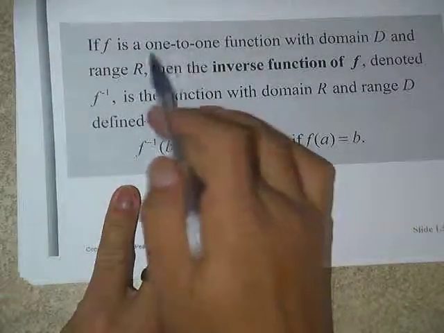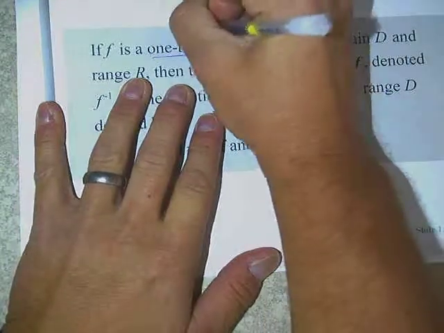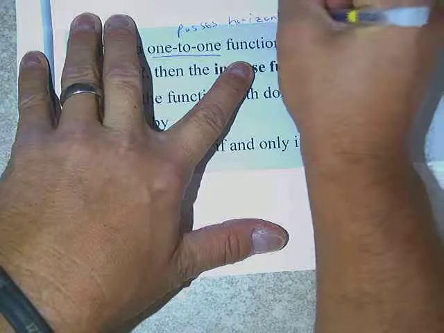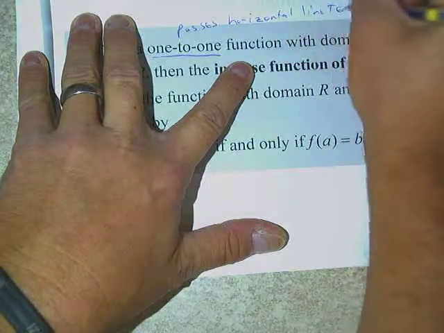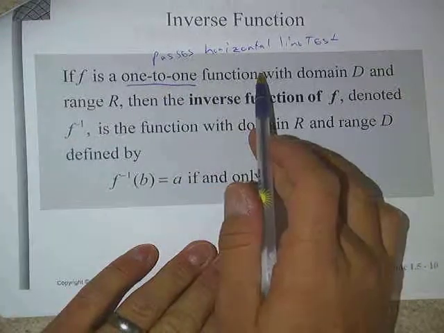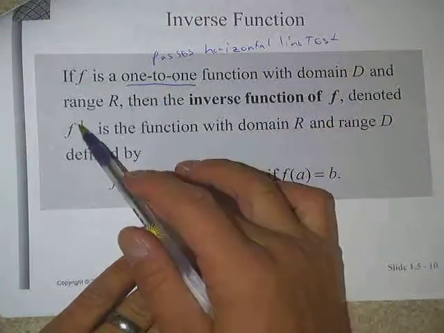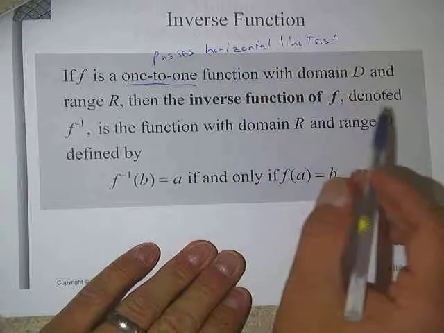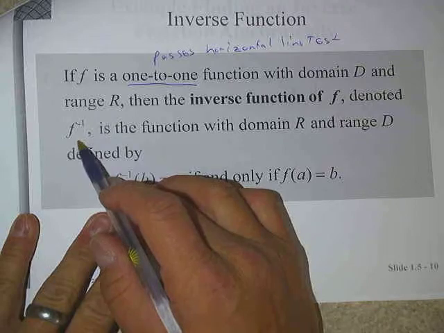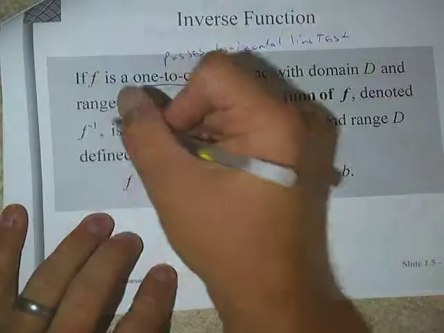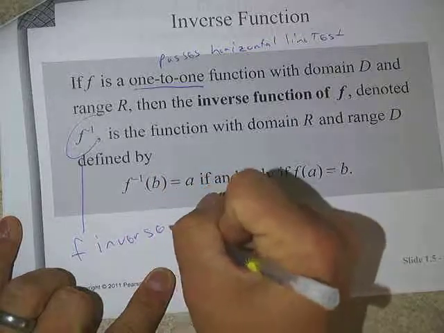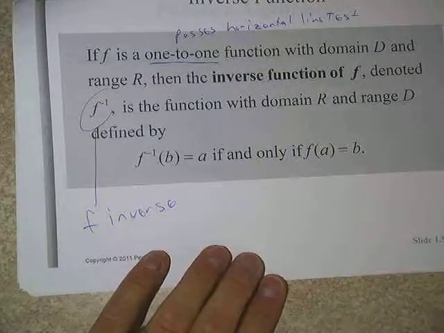All right, let's take a look at a couple more ideas involving inverses. This is one of the definitions from your book. It says, if f is one-to-one, and remember that one-to-one means it passes the horizontal line test, so it has some domain and some range, then the inverse function, which is denoted by f with a superscript -1, we don't read this as f to the -1.